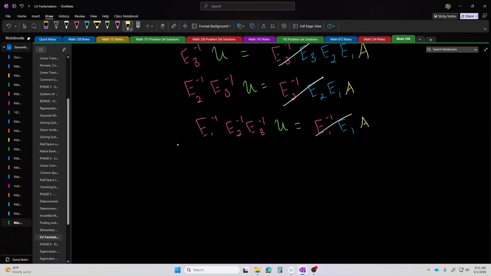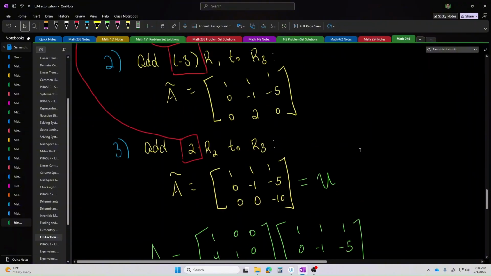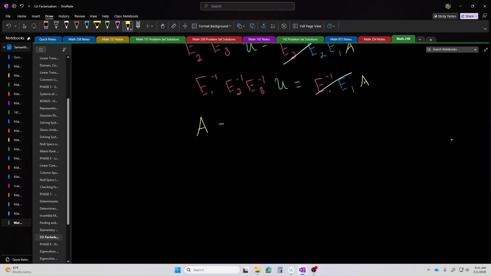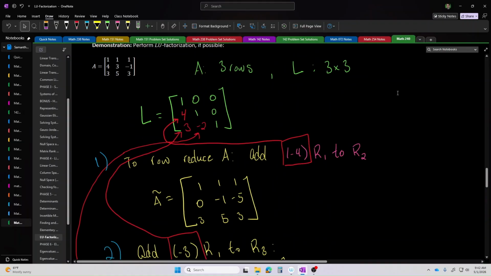So what we've said is that for the elementary matrices that we've constructed by doing these three elementary row operations, we've expressed A as a product of these three elementary matrices, E1 inverse, E2 inverse, E3 inverse, and that guy times U. My claim is that this product of these three elementary matrices is what has become the matrix L that we constructed during this algorithm.